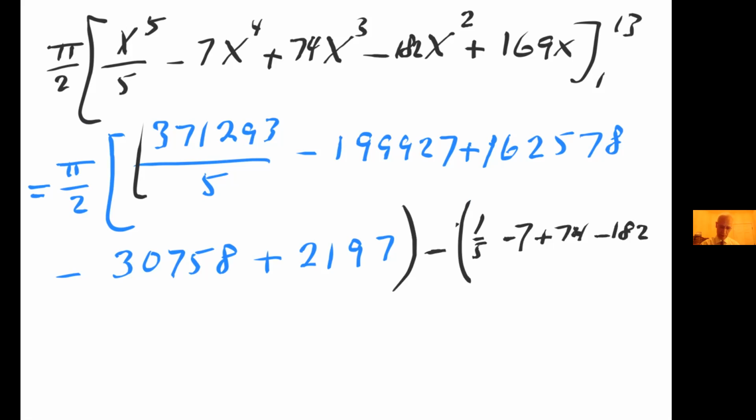And then I have plus 169. And let me double check my work. X to the 5th over 5, I got it. Then I get 162,578, 3075821. So yeah, all right.